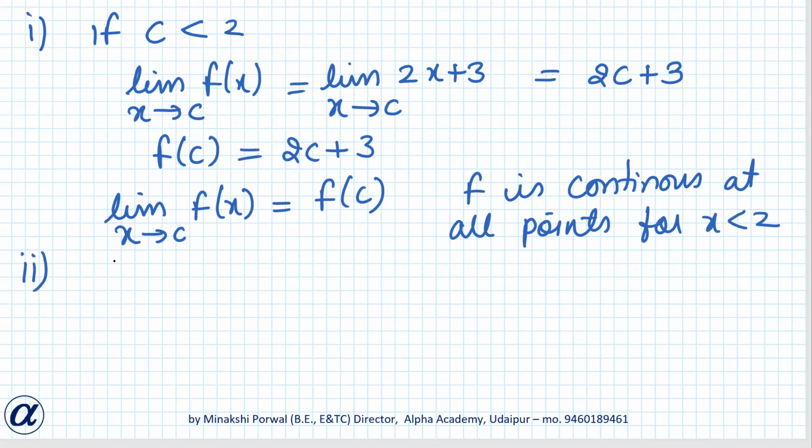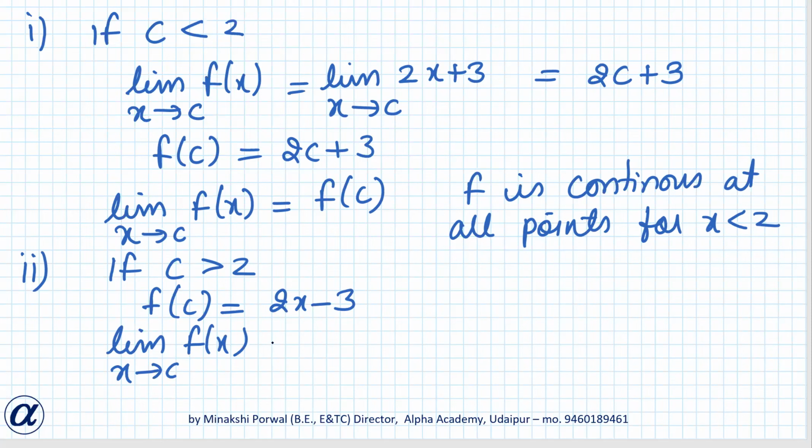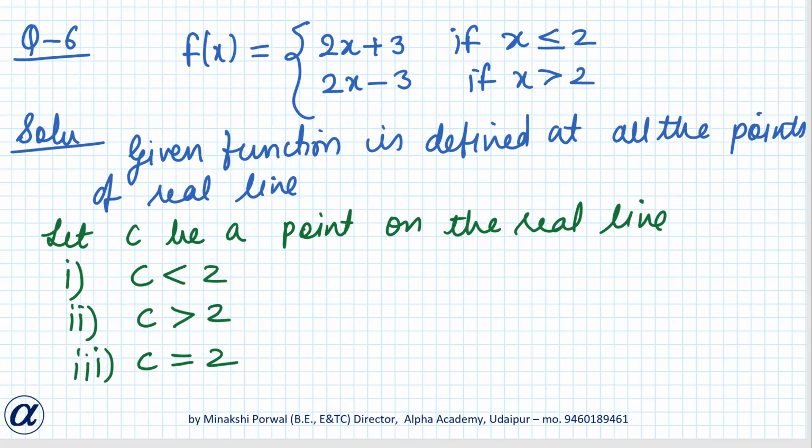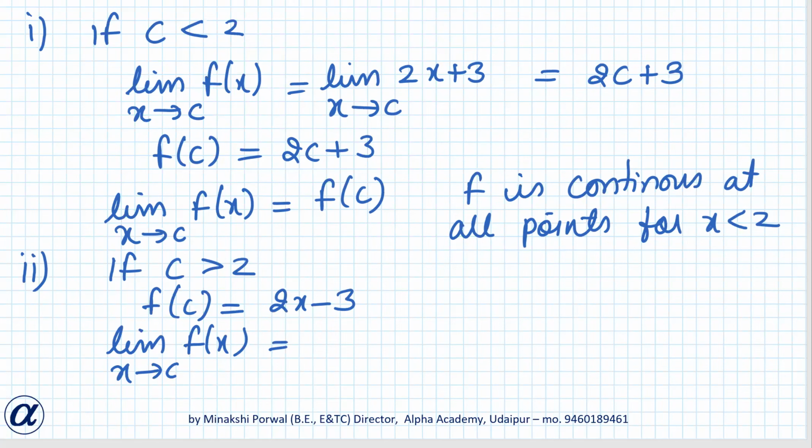Second, if C is greater than 2, f(C) is 2c minus 3. What will f(x) be when it is greater than 2? It is 2x minus 3. So the limit as x tends to C of f(x) is the limit as x tends to C of 2x minus 3, which is 2c minus 3, and f(C) is also 2c minus 3.